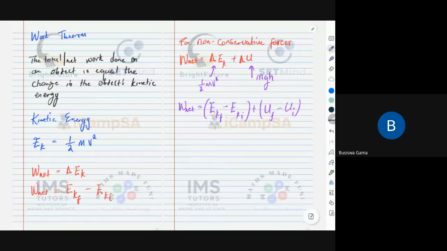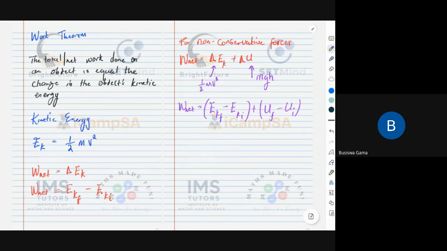Okay, for non-conservative forces. So those are the forces like your friction and so on, because now it depends on a path, right? We know what conservative forces are. Okay, we're going to see them. Don't worry.